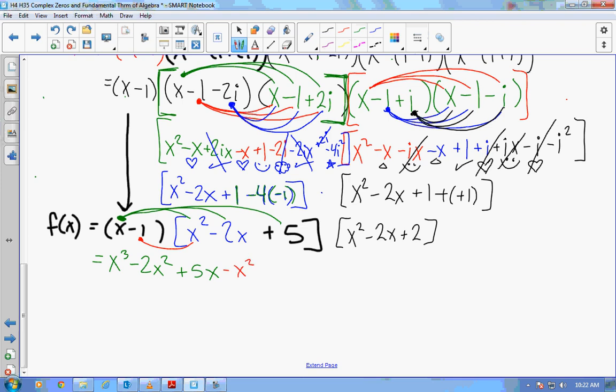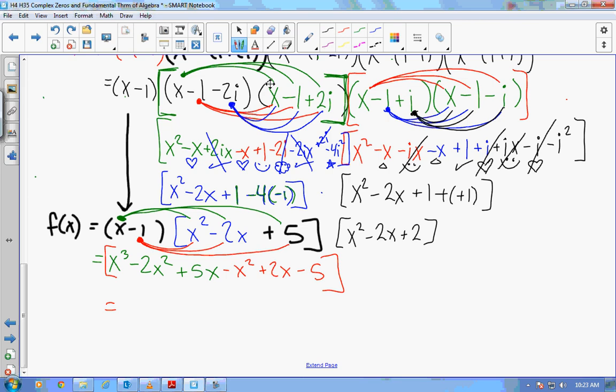Minus x squared. Negative 1 times negative 2x. Positive 2x. Negative 1 times 5. Negative 5. Okay? We're going to go through and find those like terms before I multiply to the last trinomial. And then we are done. Yay! It's a long one.